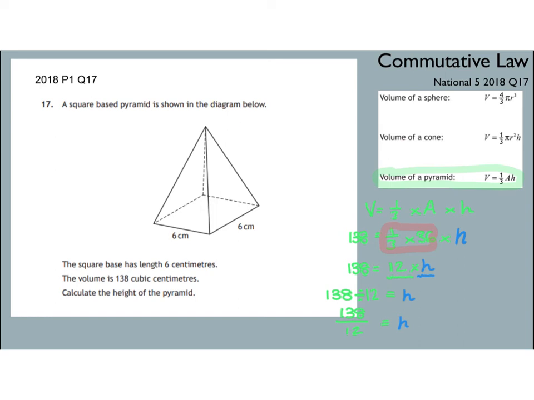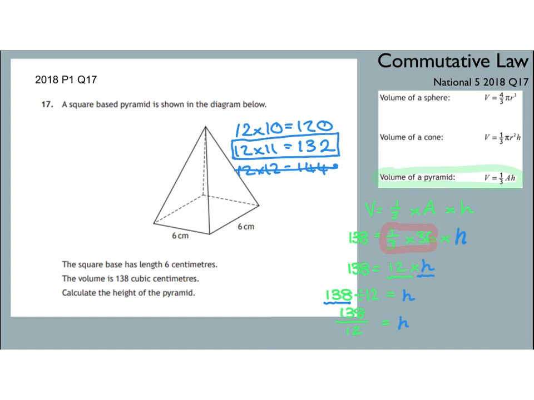I know that 12 times 10 is 120. I know that 12 times 11 is 132. We're trying to make 138. 12 times 12 is 144. That's too big, that's gone too far. So it's going to be something to do with this one here. There's going to be a remainder of 6.